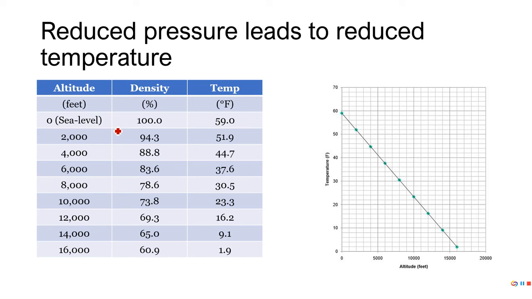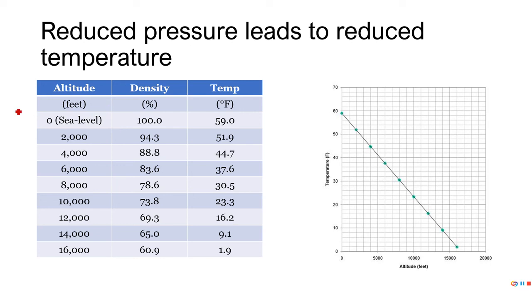So what's causing the difference in temperature? Well, obviously it's not because of the distance from the sun, because if it was, then it would be hotter on top of Everest, but it has to do with pressure. Okay, remember, as pressure goes down, temperature goes down.